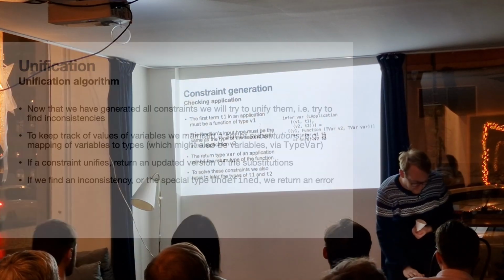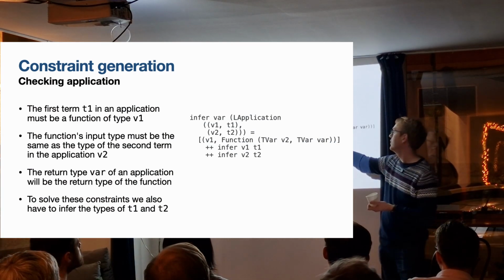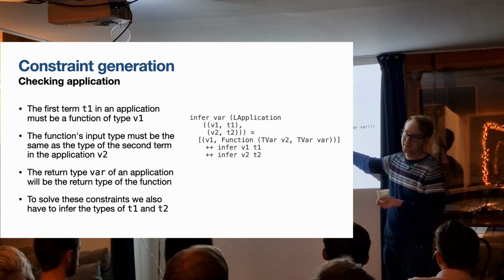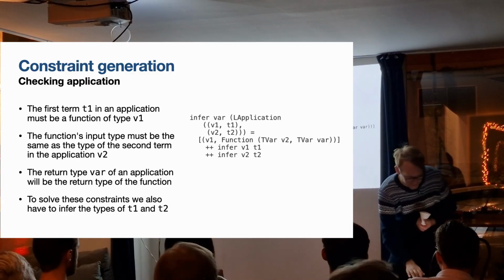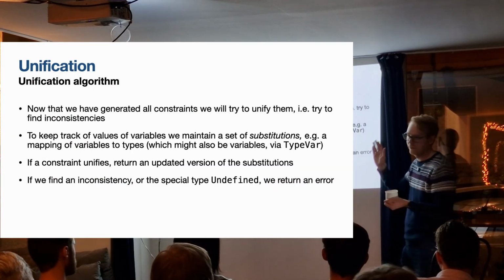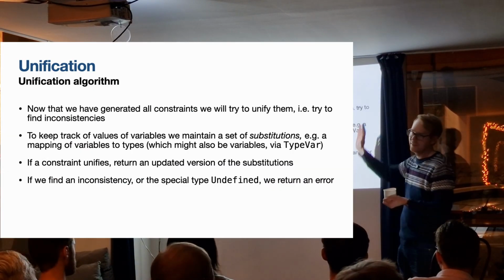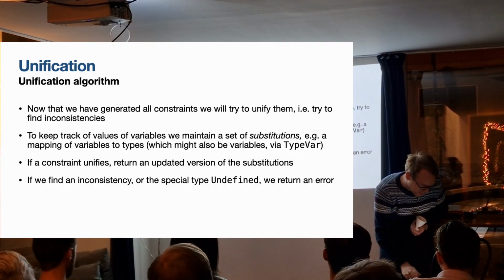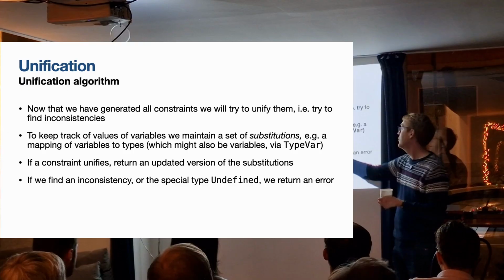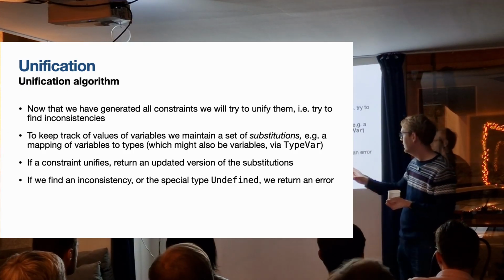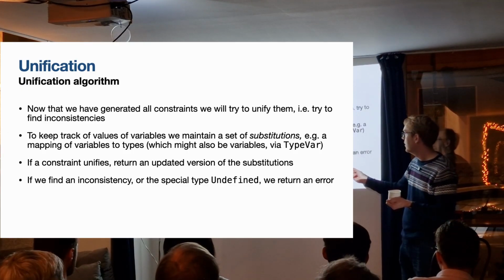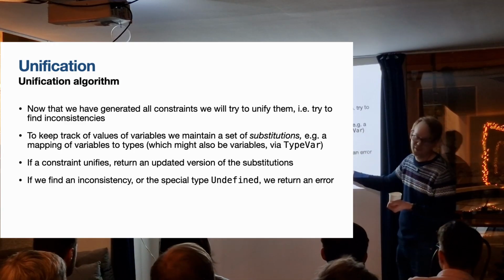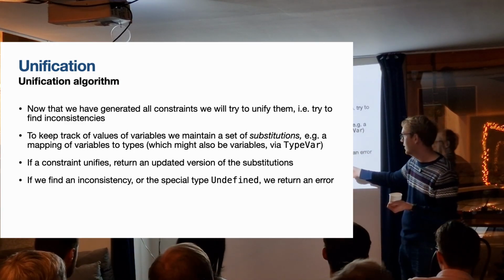If you remember from previously, we always have a variable on the left side. But prior to the unification step, we map those to types. So it's type and type in the tuples. And then we also need a special case for undefined. And the undefined will not unify with anything.